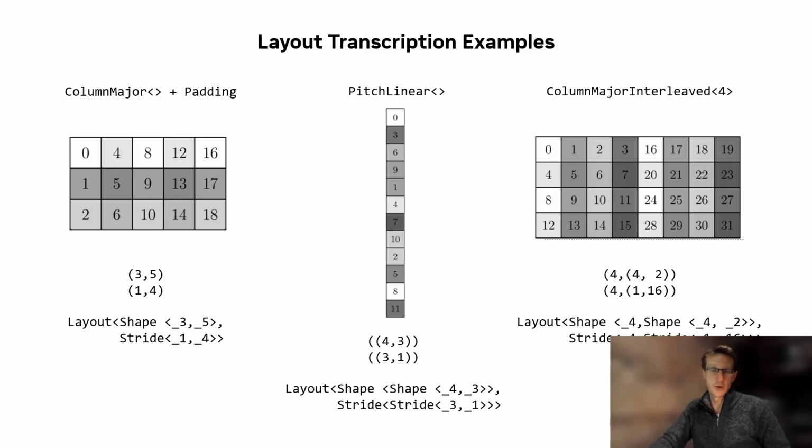On this slide, I'm showing additional examples of layouts that appear commonly in CUDA and can be written easily in CuTe. On the left, a padded column major layout. In the middle, a pitch linear rank 1 vector layout. And on the right, a column major interleaved layout. In general, it's pretty easy to transcribe these, and it's very easy to create one of your own.